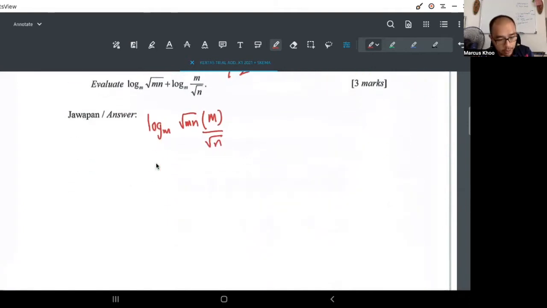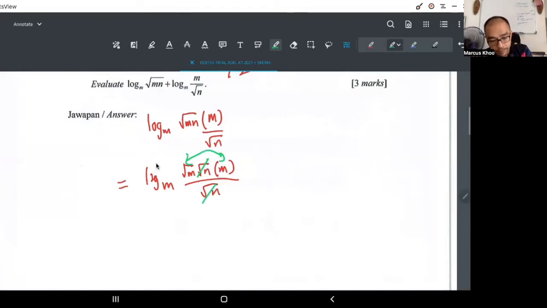Okay, this root mn I can separate. I'm going to get root m times root n times m over root n. This will be log m. Then you find that this root n and root n can cancel. And then this one you can actually multiply.